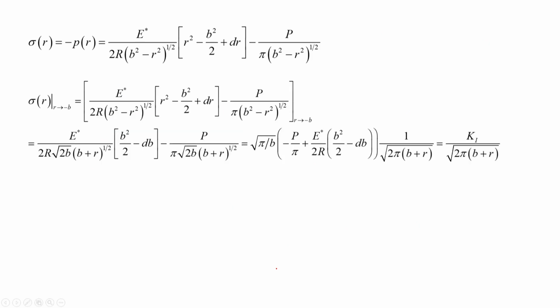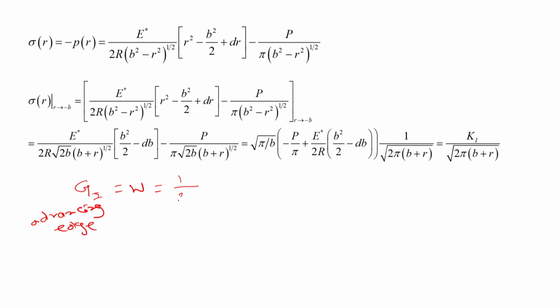So, therefore, we can now write G, the strain energy release rate, at the advancing edge, and here this fracture energy is the work of adhesion. It comes out to be k I square by 2 E star.